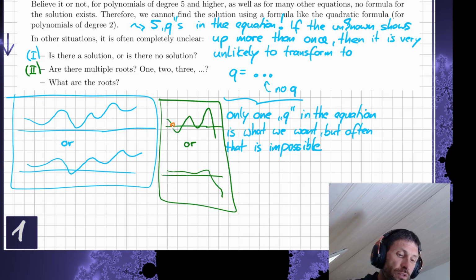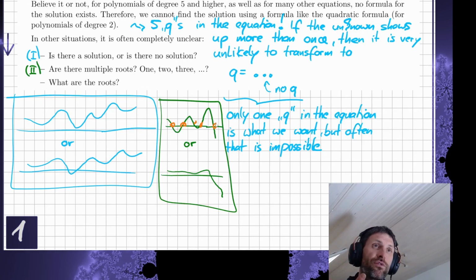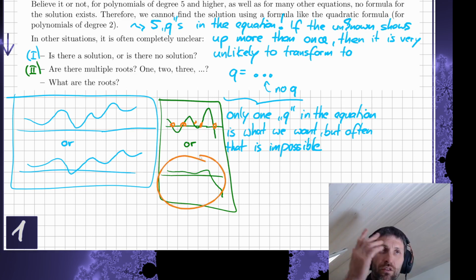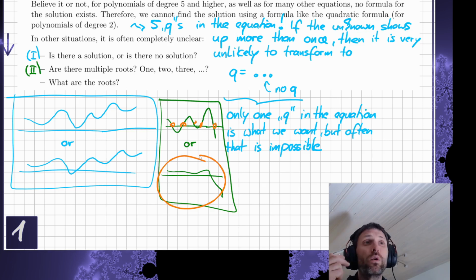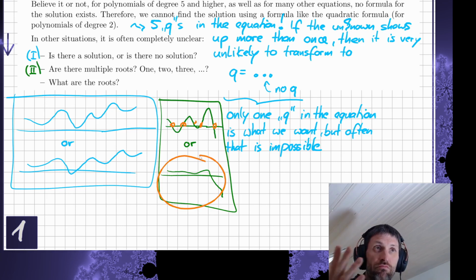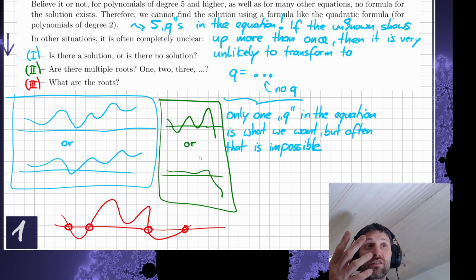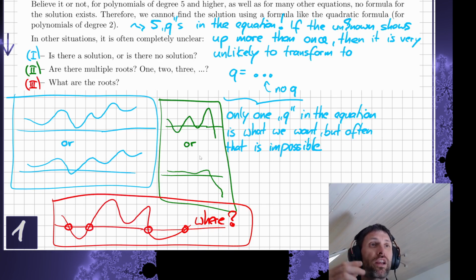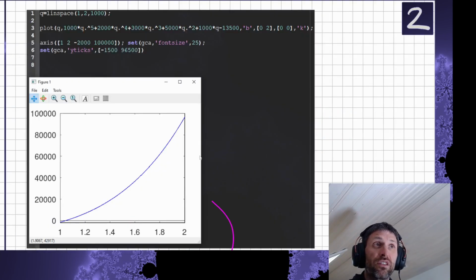Maybe you are in the position that there are 1, 2, 3, 4, 5 solutions, and normally in this case you want to find all 5 of them. And if there is one, then you want to find one. But how can you know if there are more solutions? We will see if we are able to do the job in general. And third, where are the zeros? Where are the roots? Where do they lie? The exact positions we are interested in, and that's what we will do.